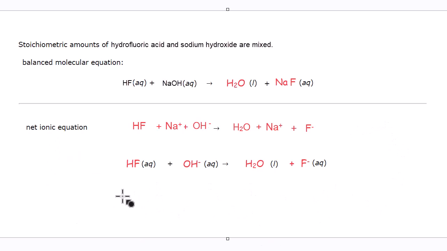Here's our net ionic equation for a weak acid, and this could be any weak acid. As I say, this could be the acetic acid, it could be propionic acid, any one of those acids. That's how it's different from the strong acids, which are just H plus and OH minus. All right, we now have done 3 parts of this 3-part molecular and ionic equation series.